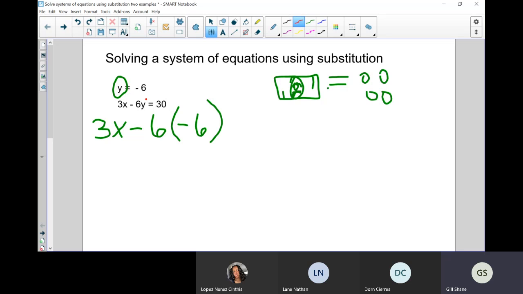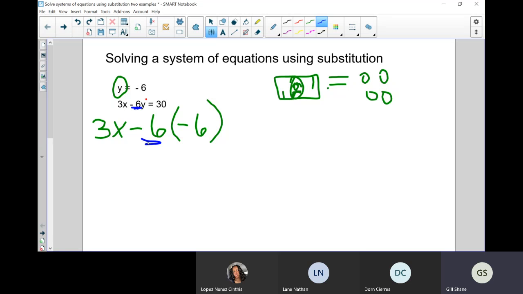So the other -6, this -6 right here, that's just part of the equation.